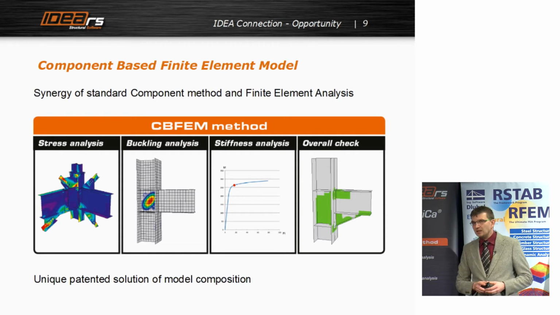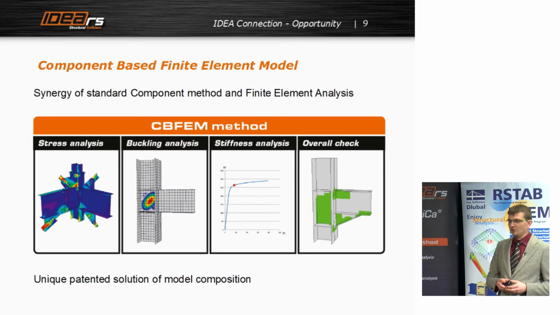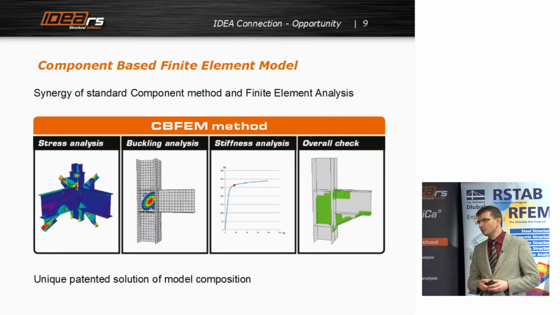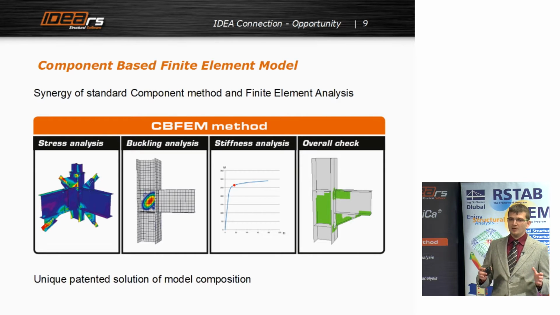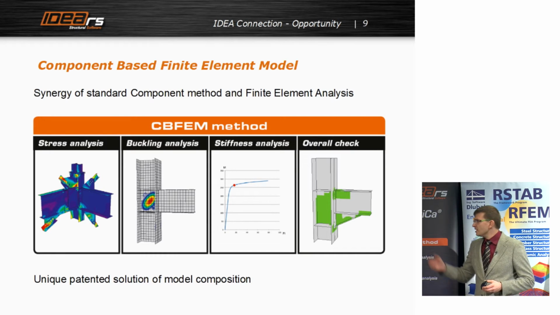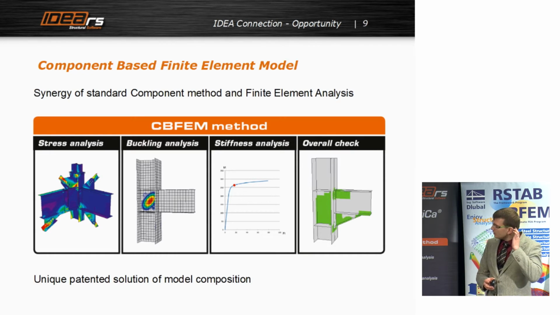This method provides us a strategy to check standard types of joints, but there is a really limited list of joints which could be easily designed according to the method, and this is the weakness of this method. We have improved that by combining it with the finite element analysis.